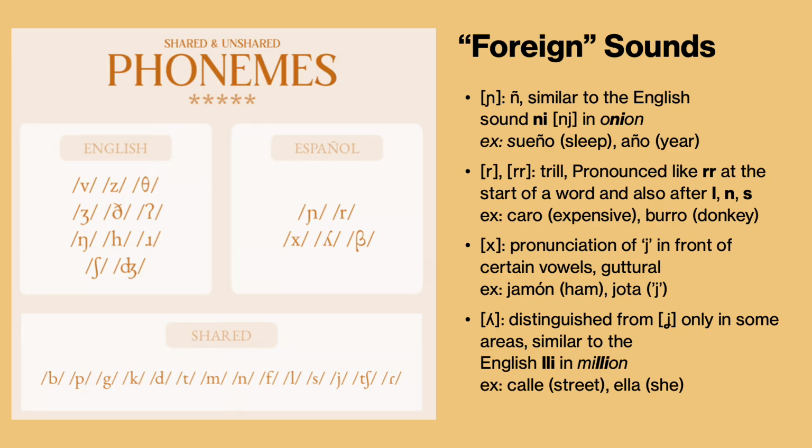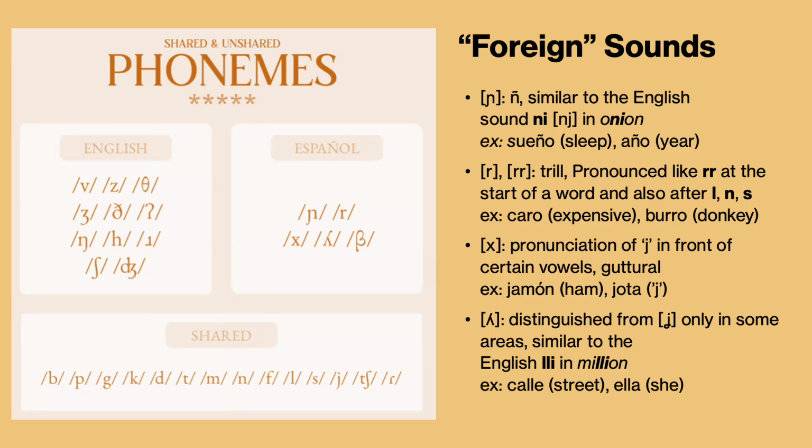And then the last sound that I wanted to cover is the ya sound. This one is interesting. It's the pronunciation of the double L, and it's distinguished from the yeah sound, which is very similar, but only in some areas.